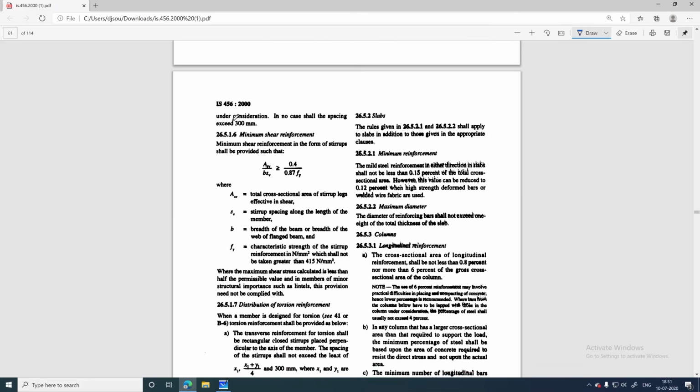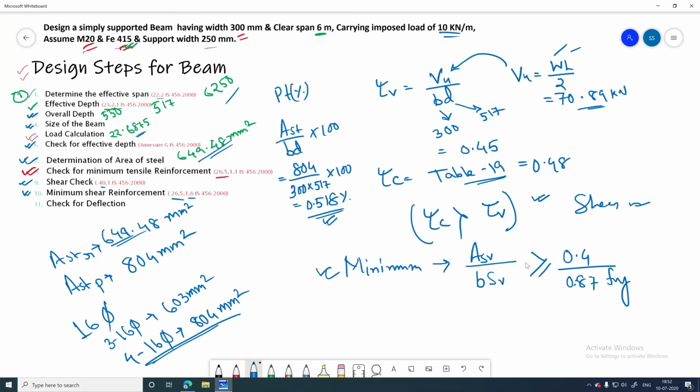Yes, so this is the formula in 26.5.1.6: Asv by b into sv is greater than or equal to 0.4 by 0.87 fy, right? So I have written the same thing over here.